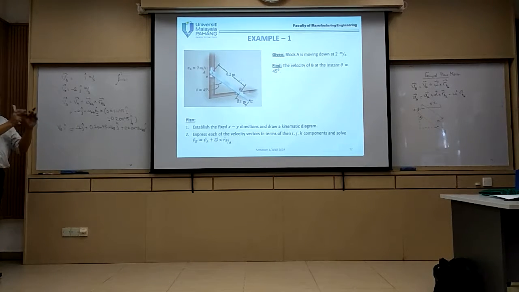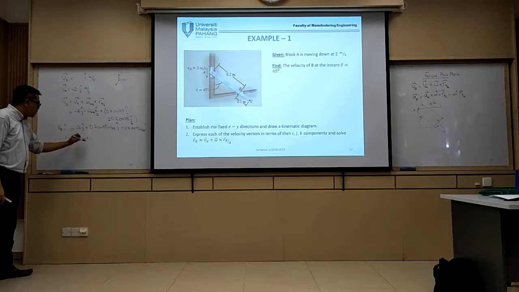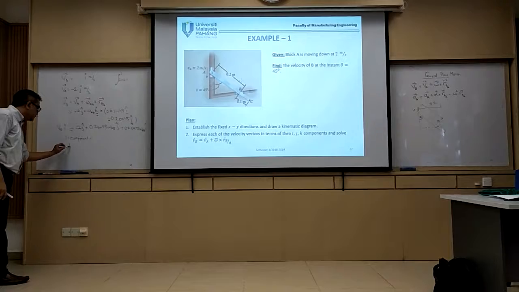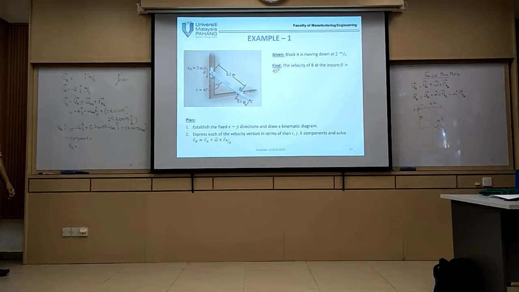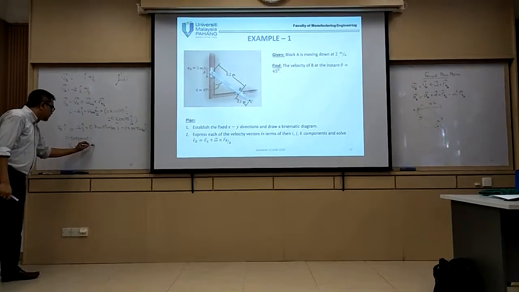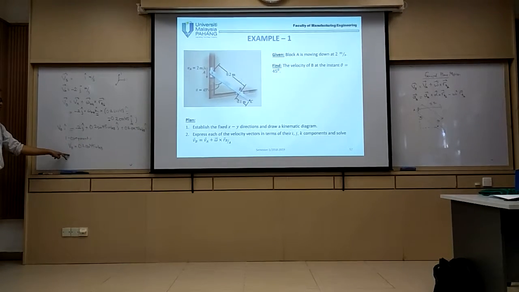So you see the components. The I component: what is the I component on the left side? Only VB. What is the I component on the right side? 0.2 cosine 45 omega AB. Then we still have two unknowns, so we need to find the J component.